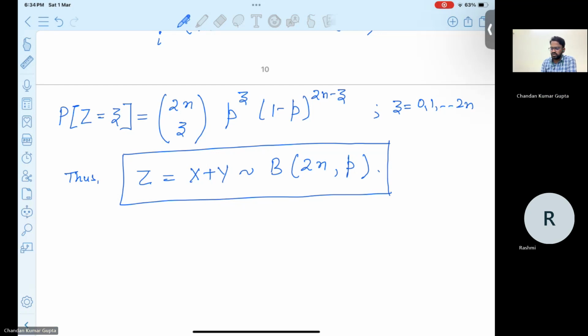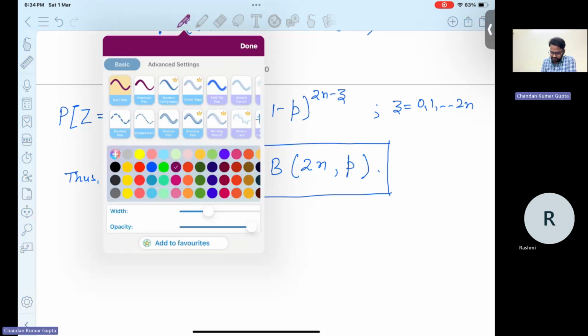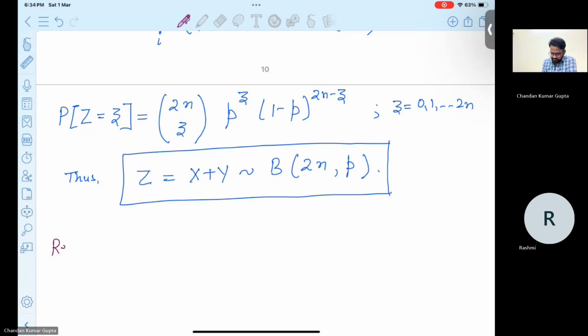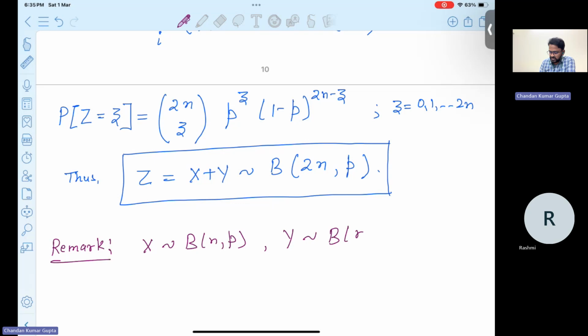So this is how we find the transformed random variable with the help of the known random variables. Again, this particular property can also hold. Suppose we have a random variable X which follows binomial n, p and we have another random variable Y which follows binomial, but not n, p, rather m, p.